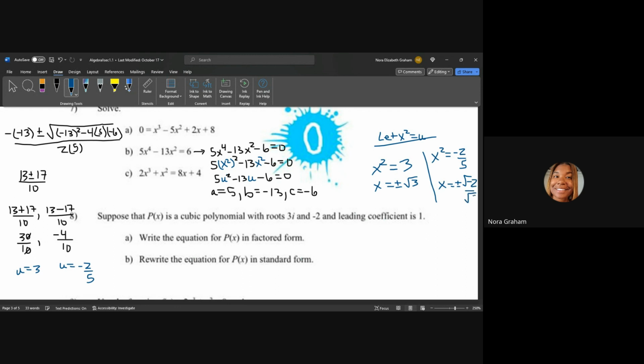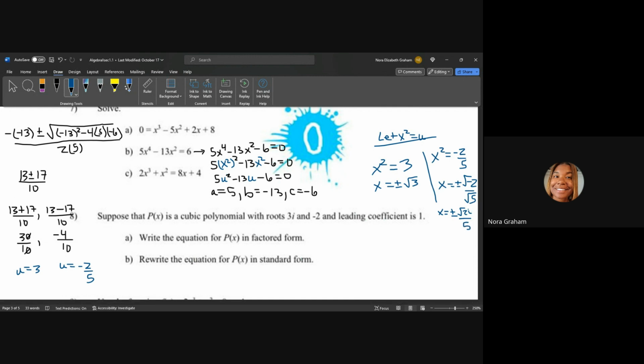But remember, we don't want to leave negatives under a square root, and I don't want to leave a square root in my denominator. So I can simplify this down even more. So I have x equals plus or minus square root of 2 i, because the square root of negative 1 is i. And then over, I have to multiply the top and the bottom by square root of 5. So I'll just get 5 at the bottom.